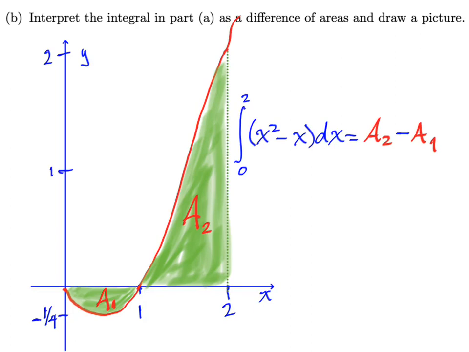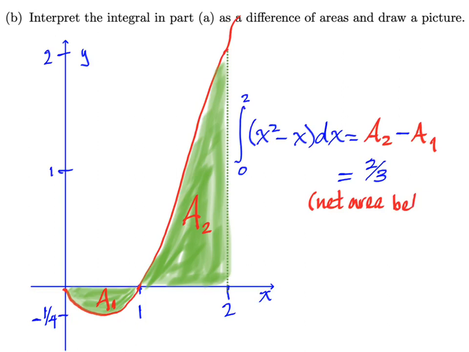So areas are always positive, but when we're interpreting definite integrals, we can interpret it as the net area of the region between the x-axis and the curve.